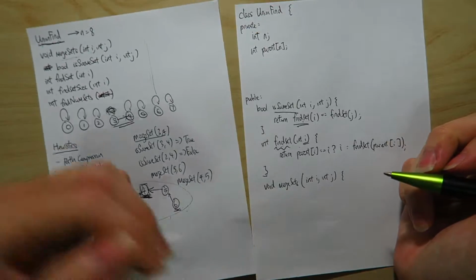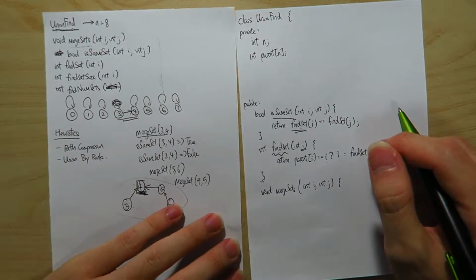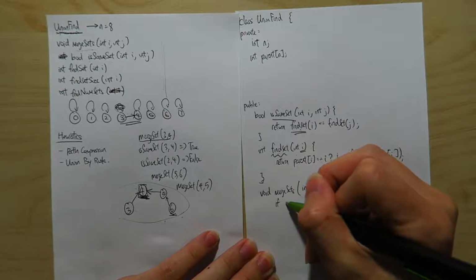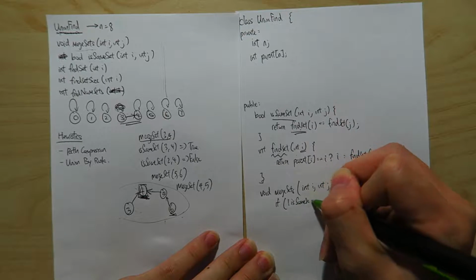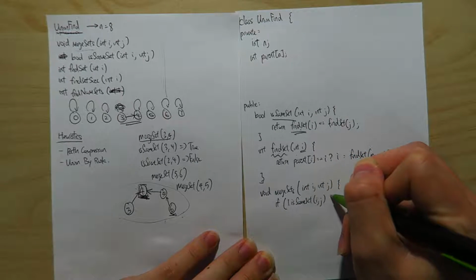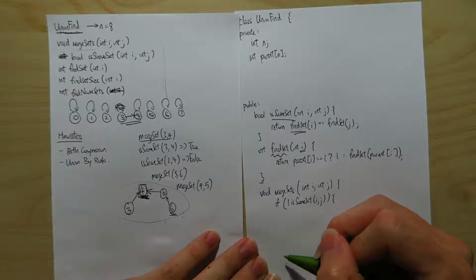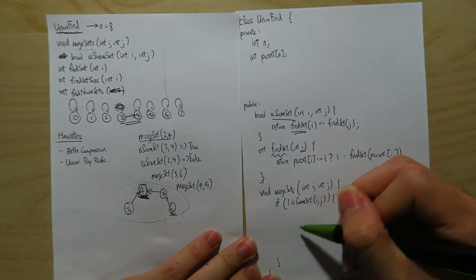The first thing that's going to happen here is we really want to find out whether the two sets are disjoint in the first place, because if they are not disjoint, then you would not even need to merge them. So of course, the first thing that we're going to do is, if not is same set i, j, right? So if they're not in the same set, then we're going to merge them. So the merge code is going to be here.